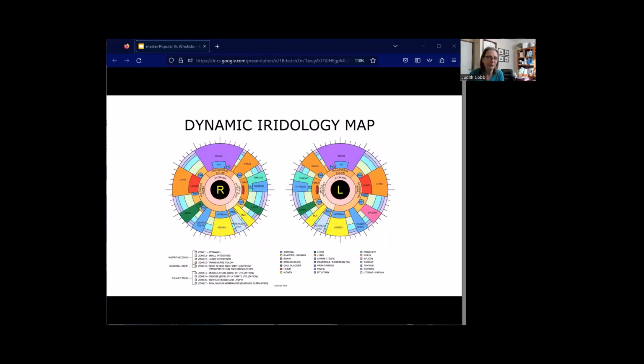What is a huge difference that you notice between these two sets of maps? I'd love to have your feedback on this. What do you see? I'm going to give you just a minute to give me some answers in the chat box. What are some differences you see between the two maps?